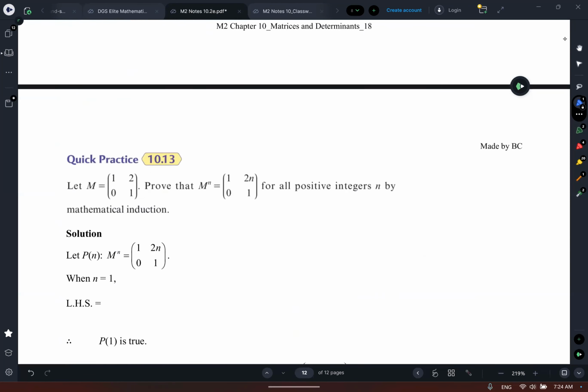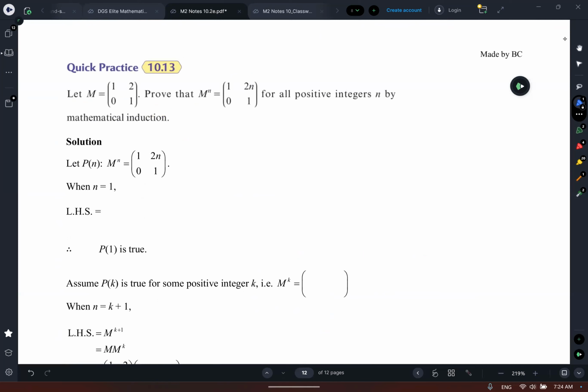For this quick practice, this position is 0. So the outcome after multiplication, there's a 0 inside it. And also the principal diagonal has not changed. And then the only position that has changed is from 2 to 2n. There may be something you need to learn, maybe. Because that means m squared equals 1, 0, 1, and this is 4.